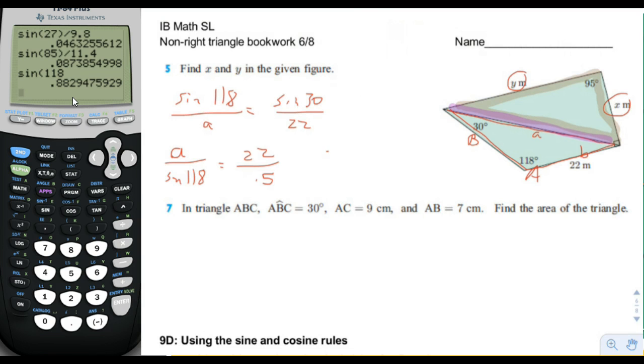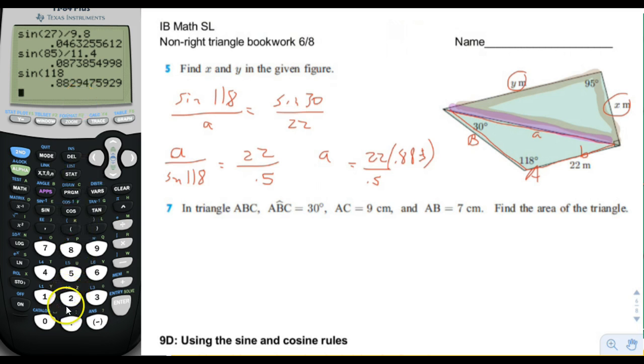So we have a over 0.883 is equal to 22 divided by 0.5. So we take the 0.883 and multiply it times both sides, and then erase it from here. So we have a equals 22 times 0.883 divided by 0.5.